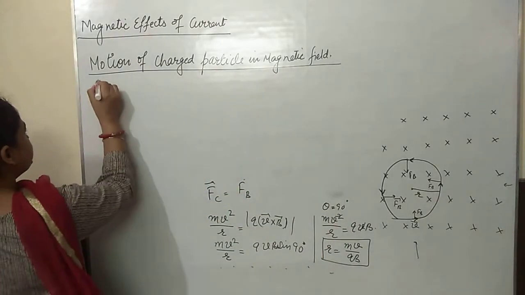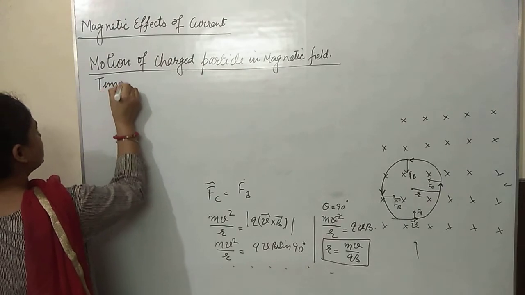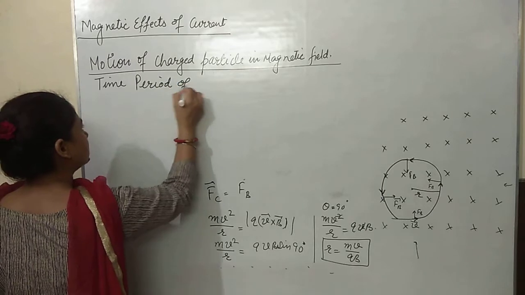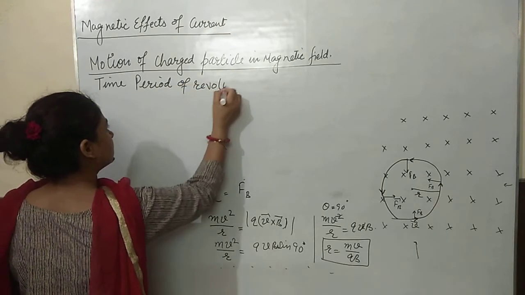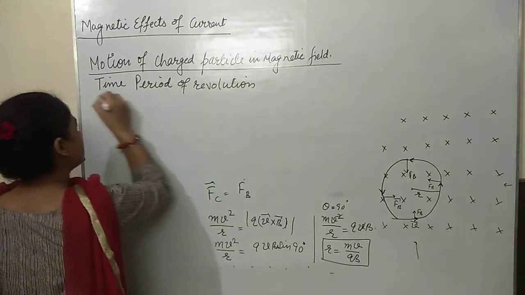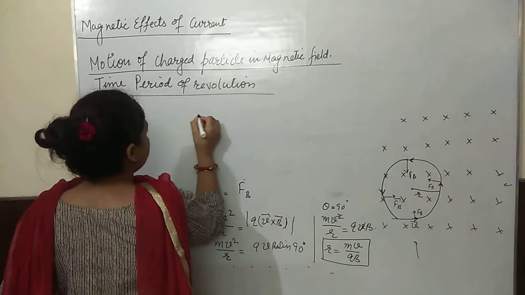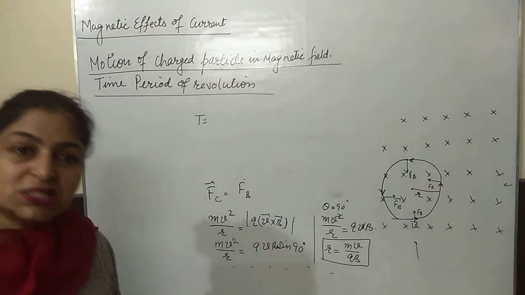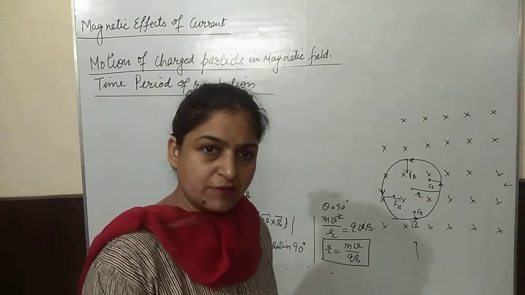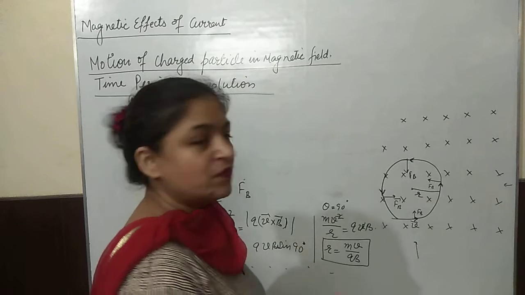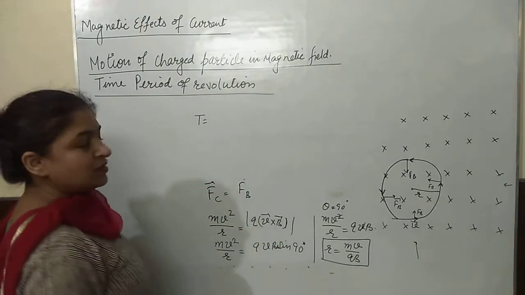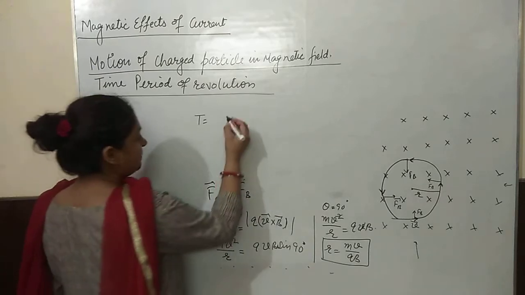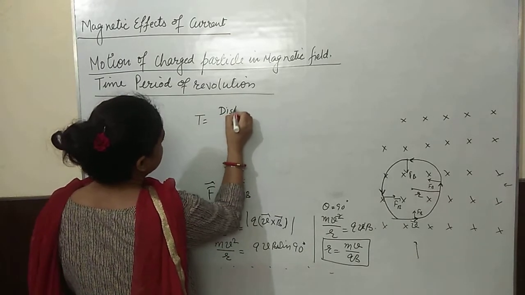Time period of revolution means the total time taken to complete a distance equal to the circumference, with its velocity v. We know that velocity is distance over time, so time is distance over velocity.